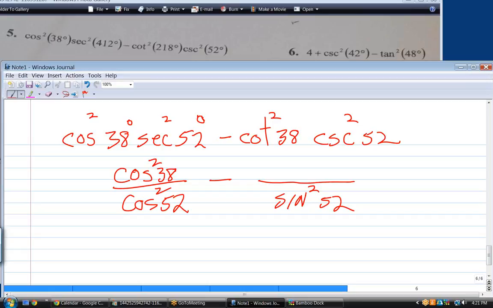And cotangent is cosine over sine, so it's cosine squared of 38 over sine squared of 38. And cosine squared of 52 is the same as sine squared of 38.